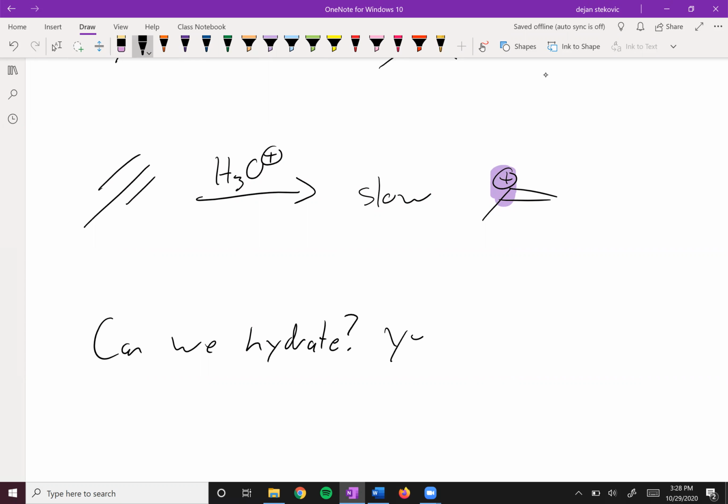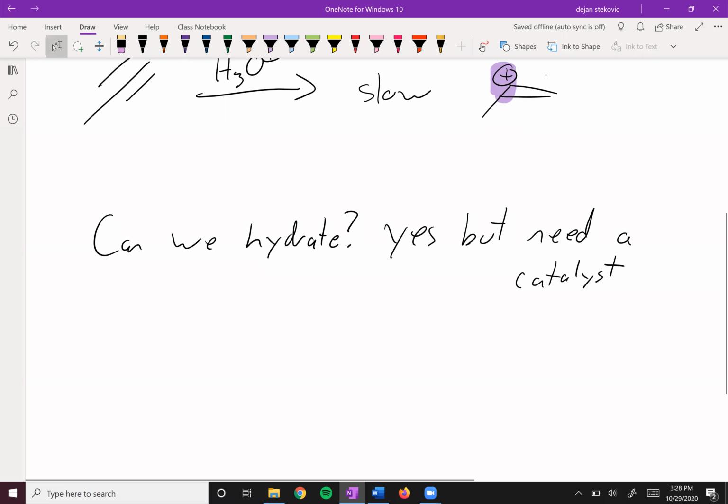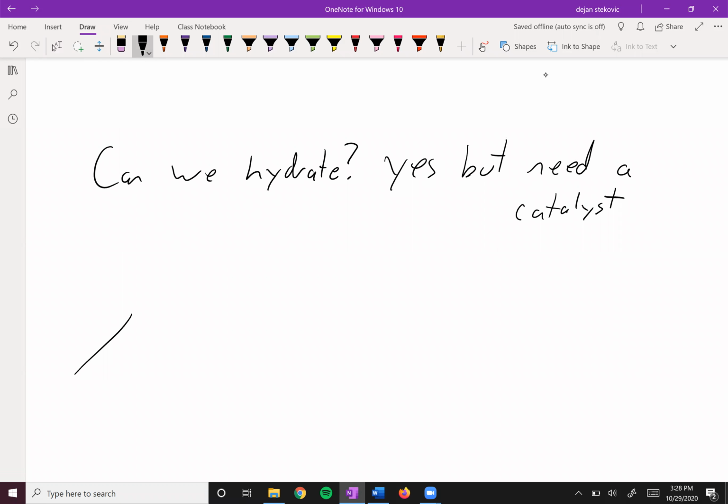The answer is yes, but we need a catalyst to help speed up our reaction. And so the catalyst here, we have our alkyne. We're going to add some acid, some H2SO4 inside of some water, and our catalyst will be mercury sulfate, right?